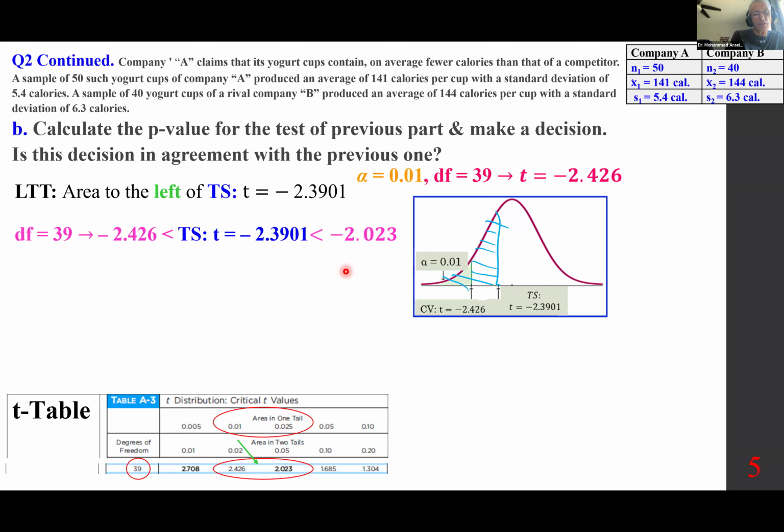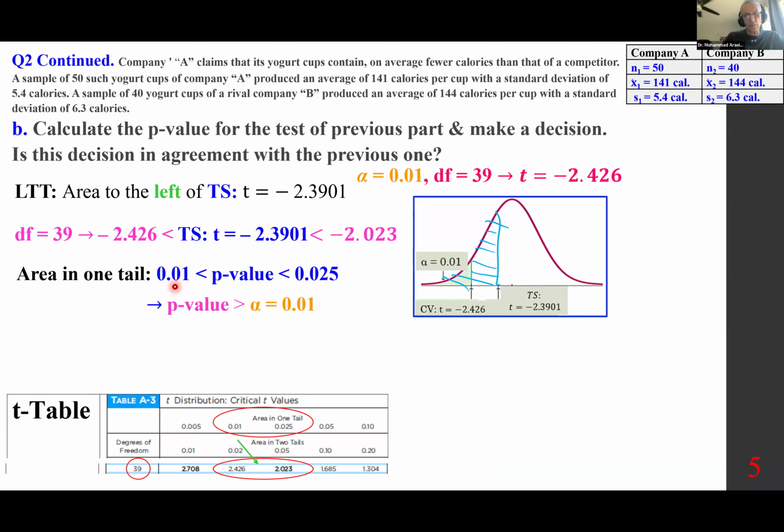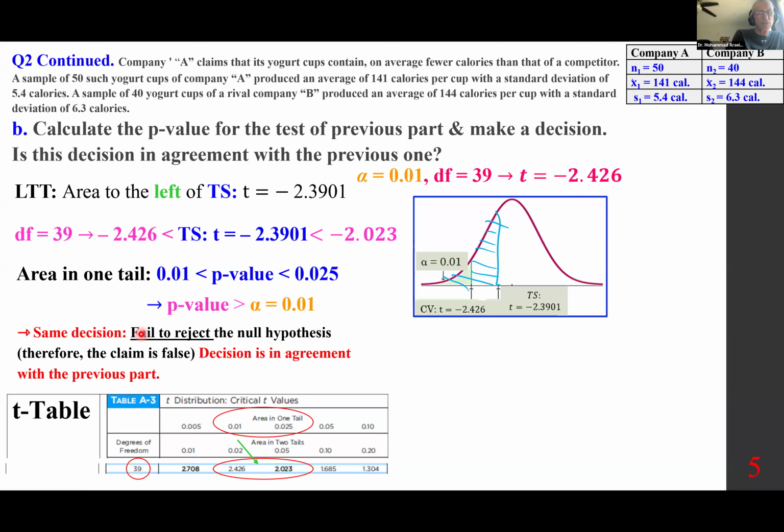And so the area is between the two. And as you know, the p-value is between 0.01 and 0.025, regardless of what it is, definitely larger than 0.01. Same decision, fail to reject. Remember, the p-value is larger than alpha. Same decision, fail to reject the null hypothesis. Therefore, the claim is false. The decision is in agreement with the previous.